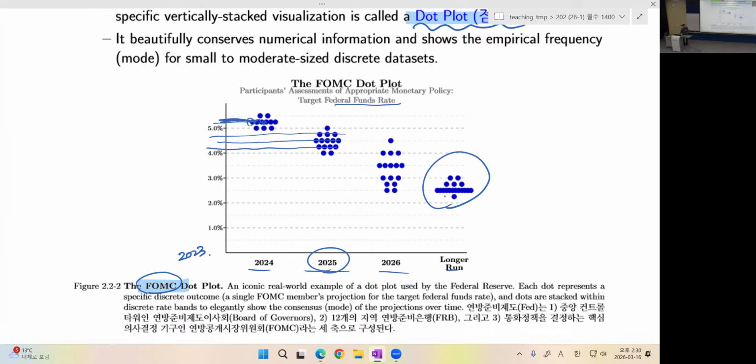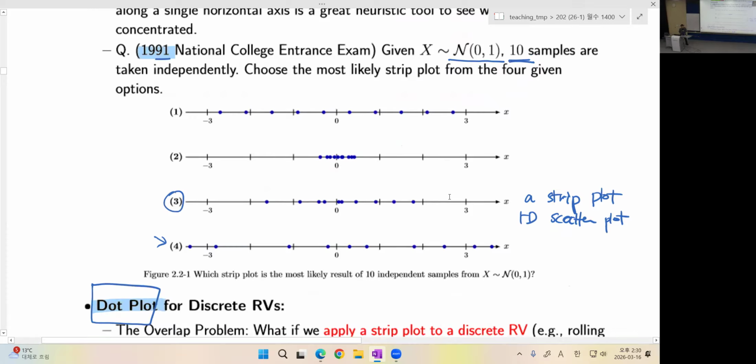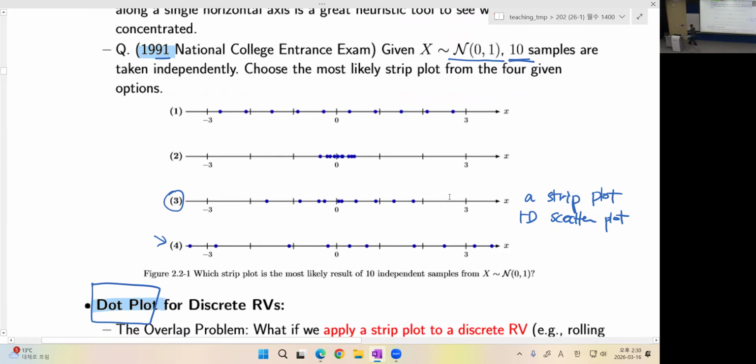So it's not good. And many of you will say that is the same as a general strip plot. You are right. And what is the worst case? In this problem, we consider a Gaussian random variable, a normal random variable. So it's highly unlikely that just a few dots will overlap.